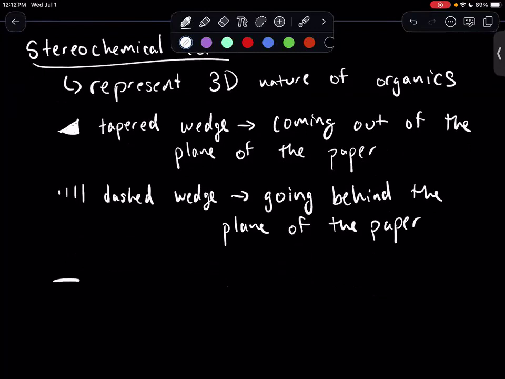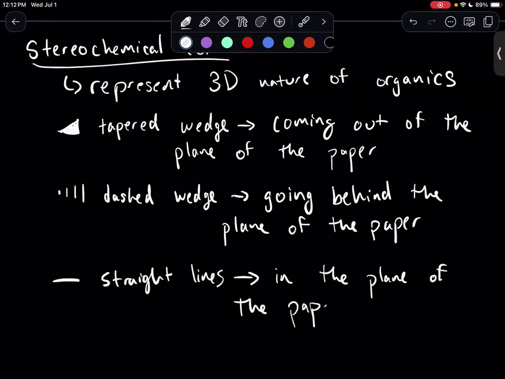And then lastly, we still use straight lines. Now, these all are used to represent bonds. Very specifically, these are used to represent any bond of 2 electrons being shared between an atom. And this is just in the plane of the paper.